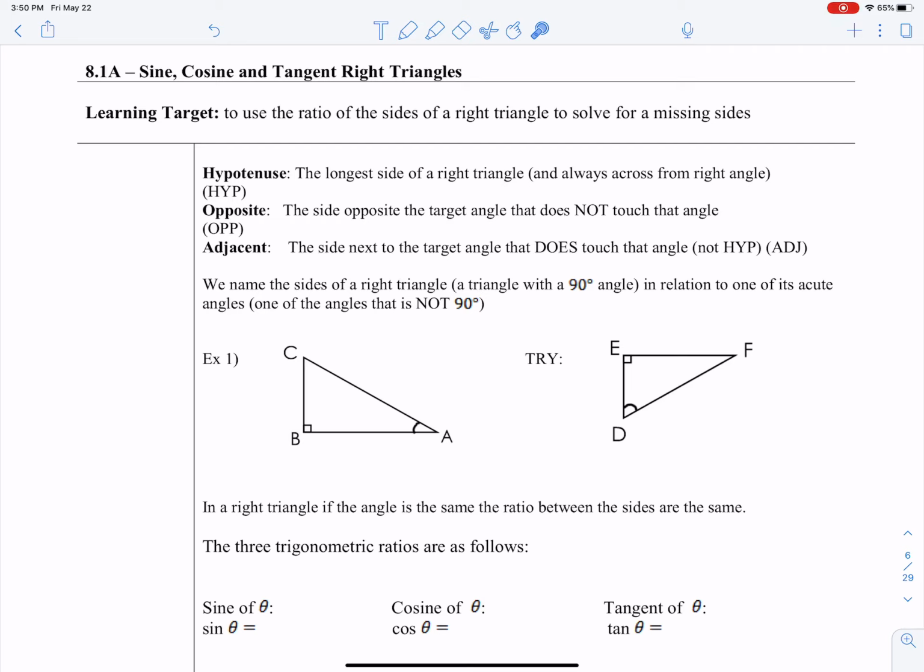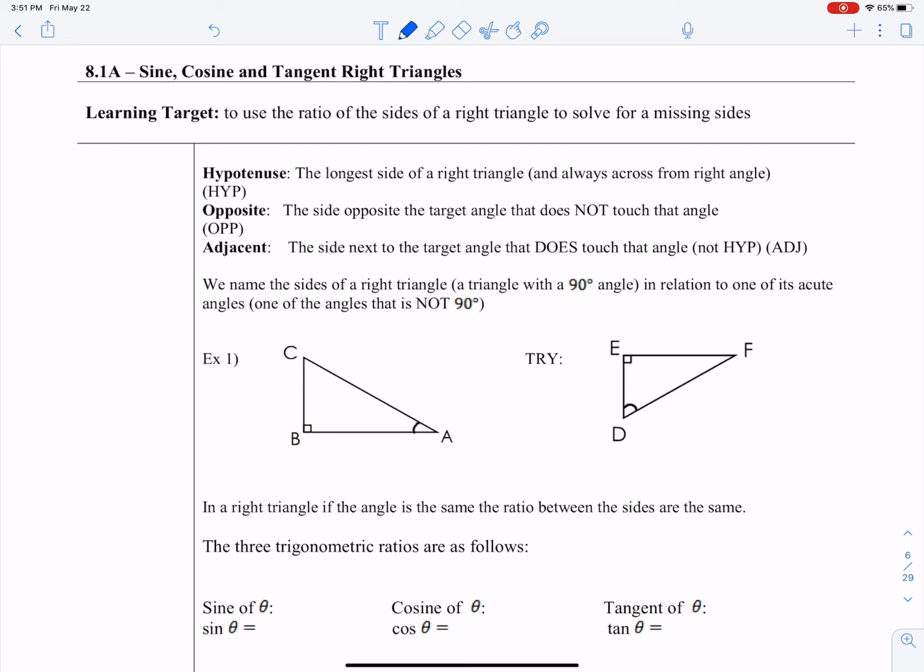A right triangle means that one of the angles is 90 degrees. So this side is straight up and down, and this is straight horizontal, and they meet at a 90-degree angle. Usually, the 90-degree angle will be indicated with this little square, but it's not always written there. Sometimes you have to just look at it and see which one looks like 90 degrees.